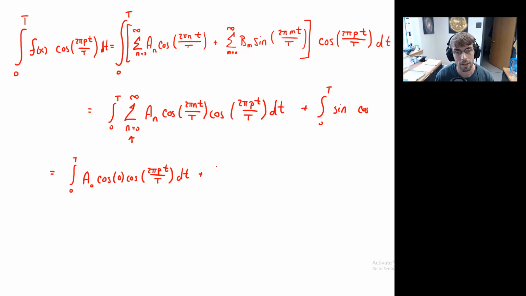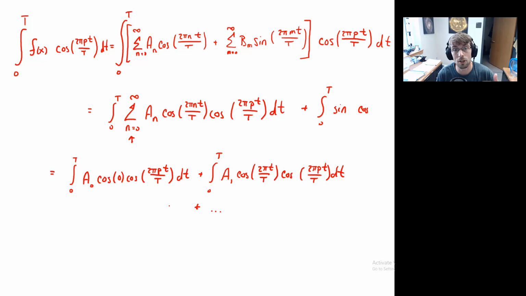And then plus the integral from 0 to T of a_1 cosine of 2 pi t over T cosine of 2 pi p t over T dt, plus dot, dot, dot. You can keep going.